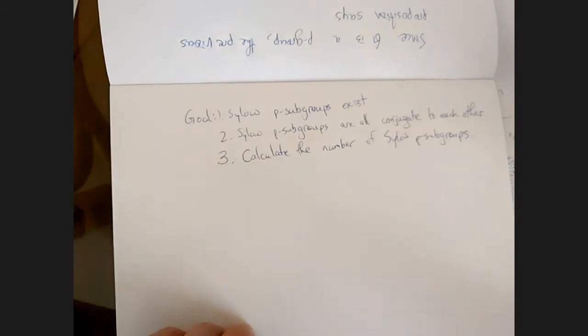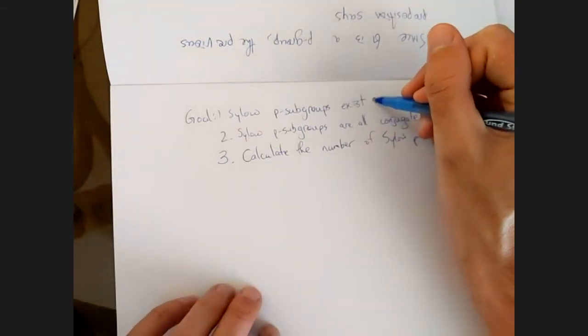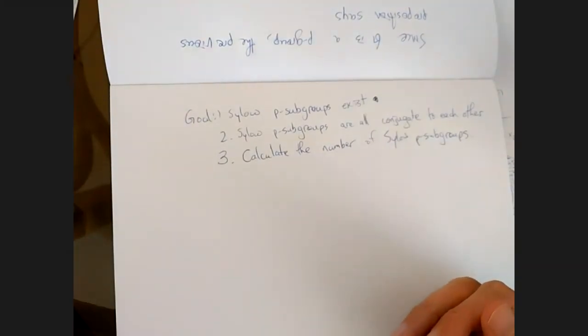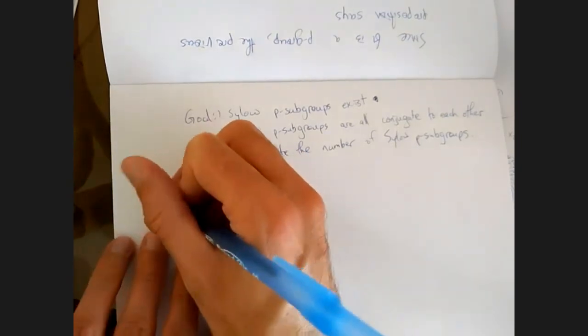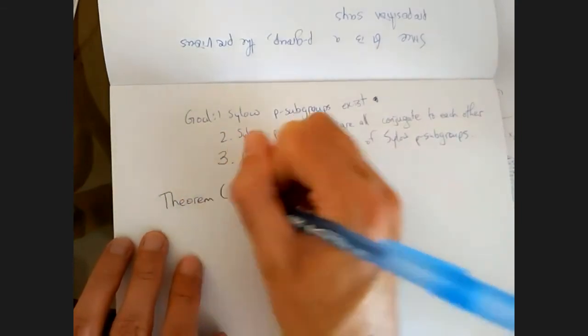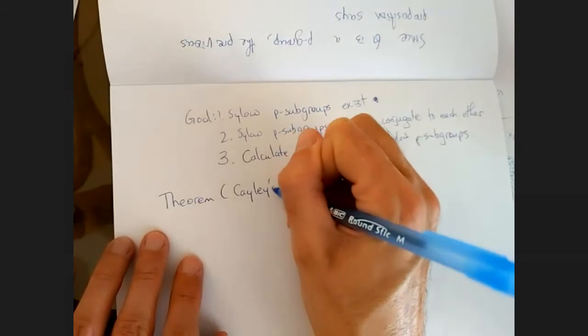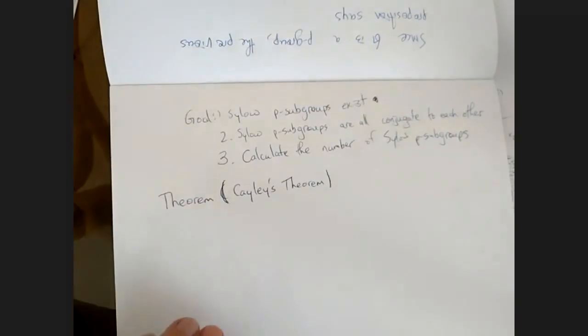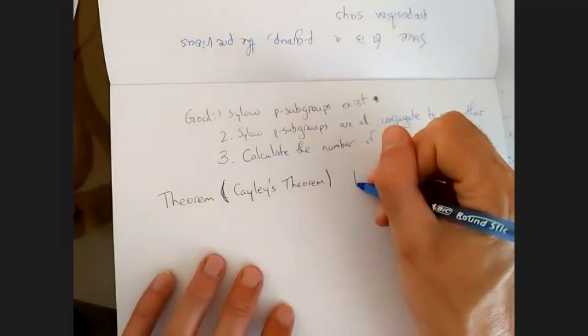Our first goal is we have to prove that Sylow subgroups exist, and basically our proof is by induction. The first step of the induction, you could view it as the following theorem, called Cauchy's theorem.